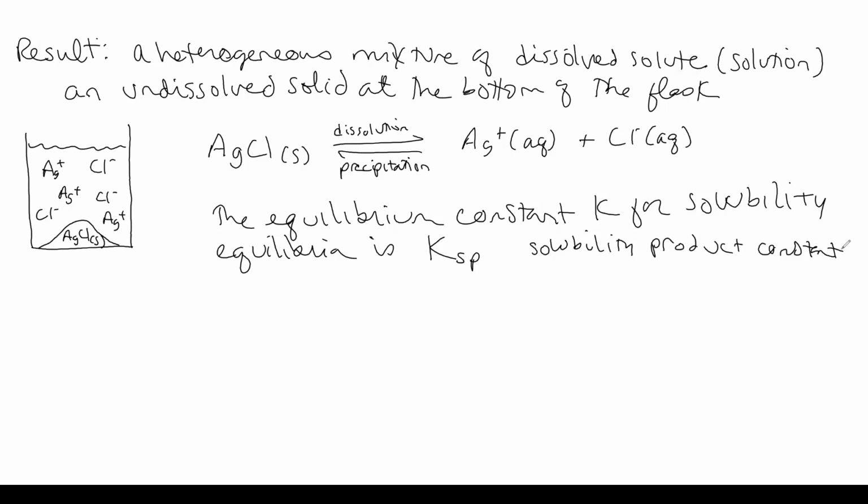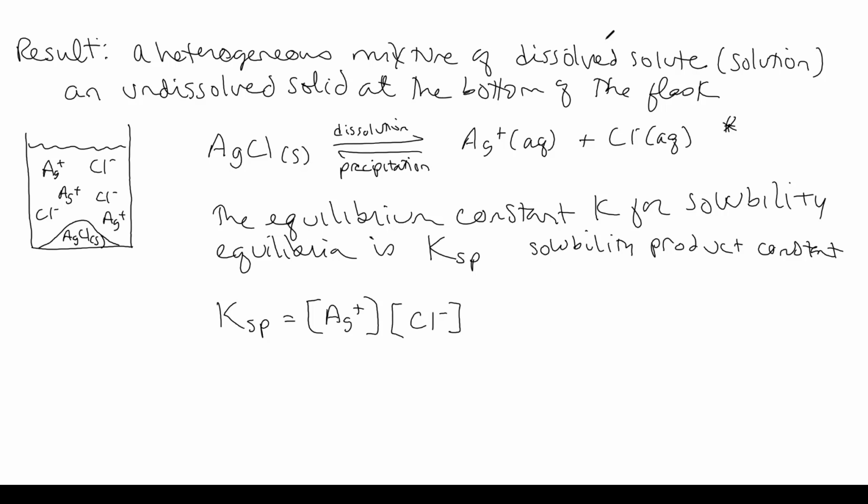Let's write out the expression for that. We go up to our equilibrium expression up here. We notice the coefficient is 1 for silver ions, and also for the chloride anions. So I'm not going to put that explicitly, but the power here is 1. That's assumed. And so this is the solubility product constant expression.